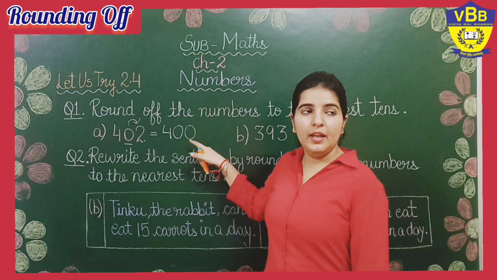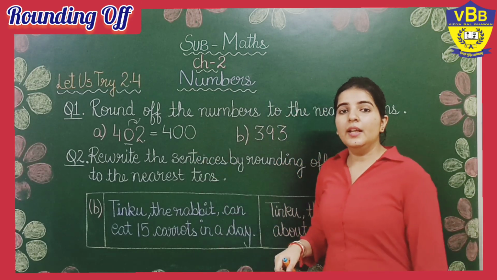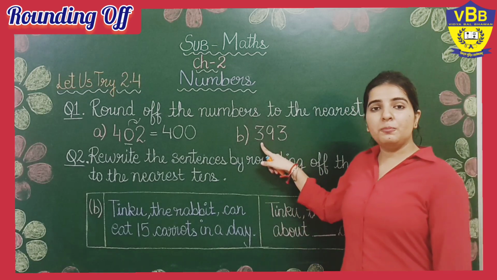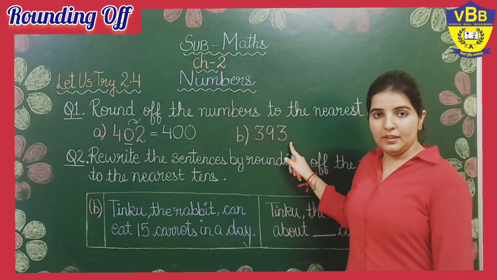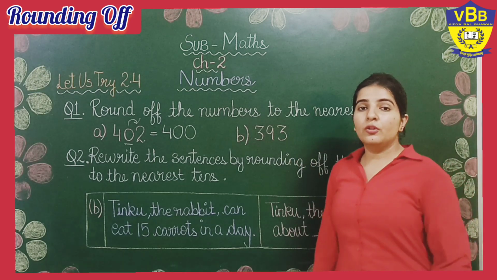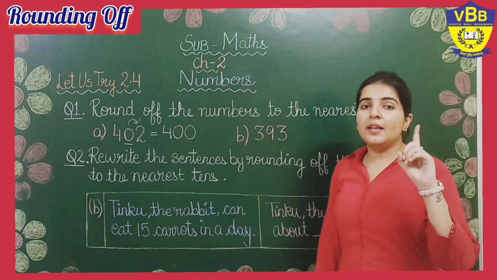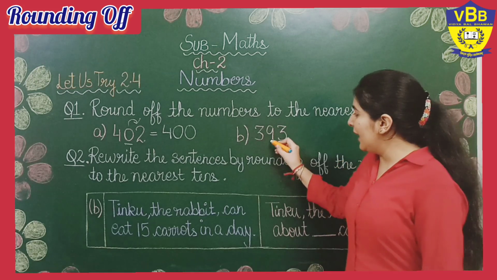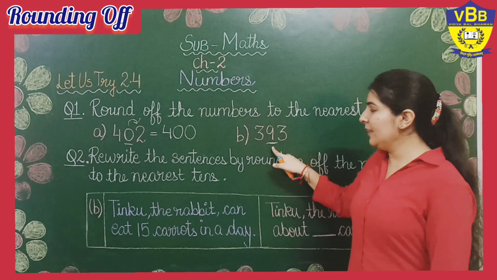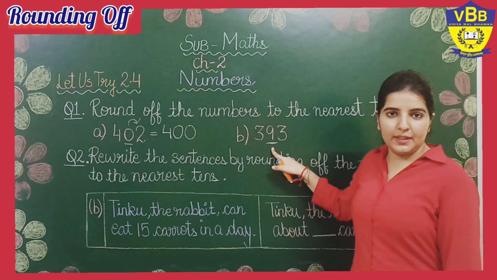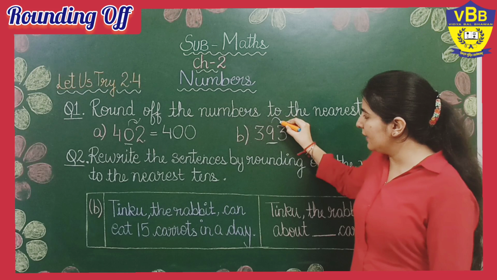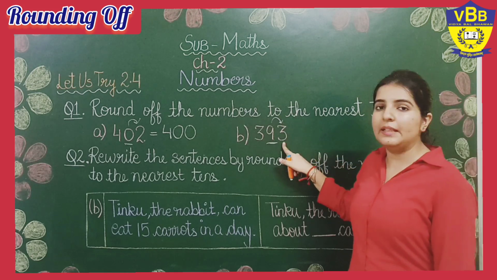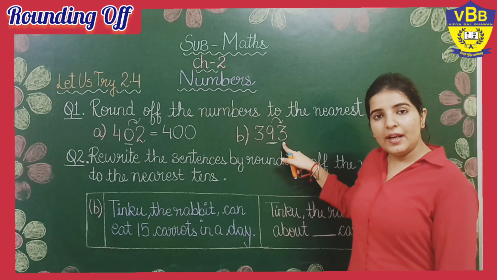Fine everyone? Now let us come to the next part. Next part is 393. Okay, again follow the first step, find out the place, that is 9. 9 is on the tens place. Look at the very next number, that is 3. Right?